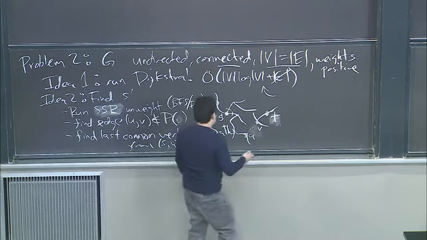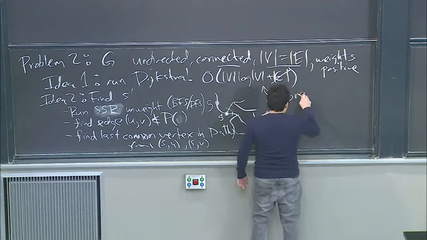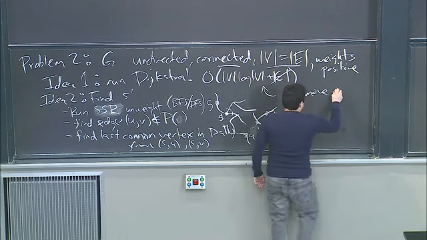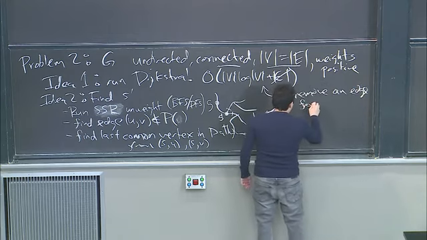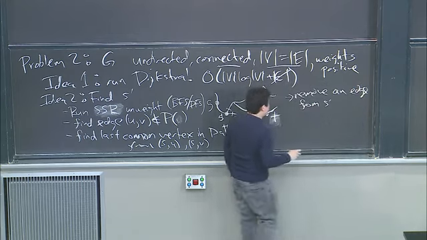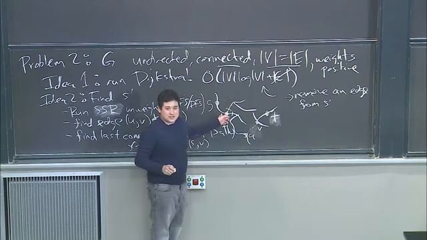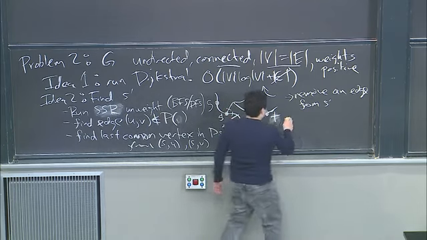The last thing is to remove an edge from S prime. I don't even have to be picky about this. It has degree 3. I can just run single source shortest paths on all of them and take them in, right?